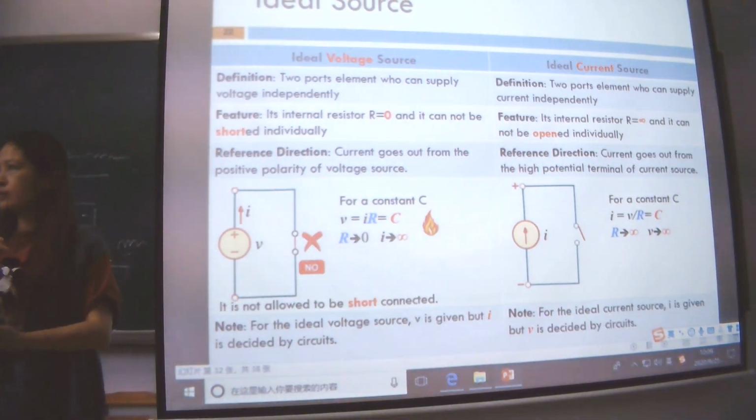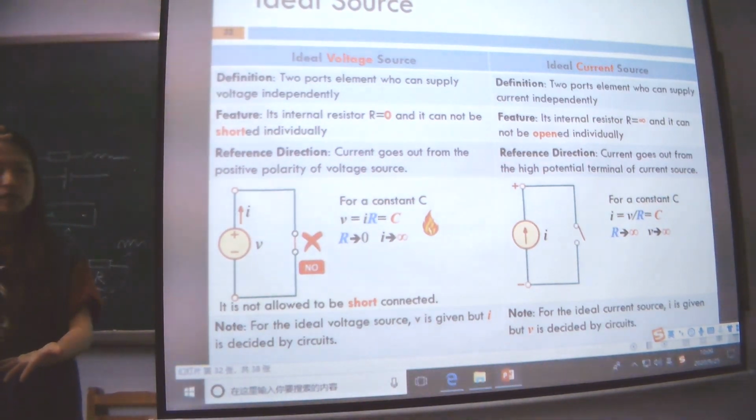So when the voltage difference is very large as well, the air will break down and there will be a flash. Understand? There will be lightning.